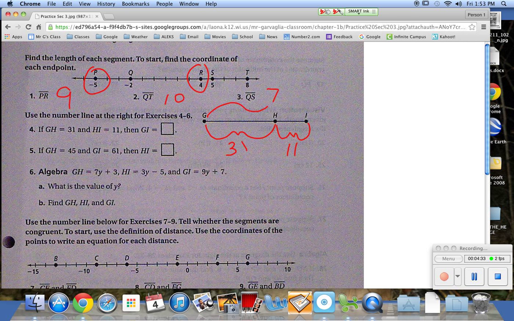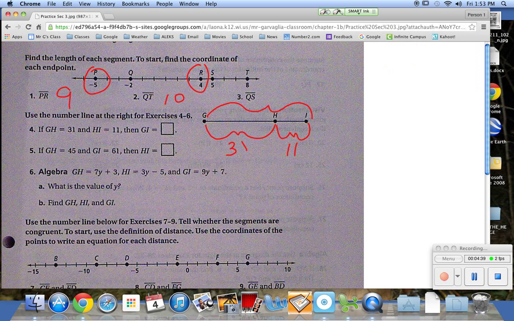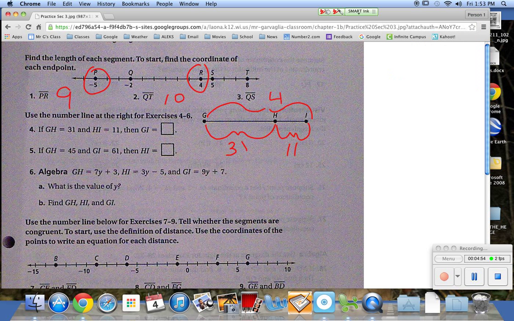How big is that? 42. We can add these together, right? In this case, we're looking for the total length of GI. This portion's 31, this portion's 11. Add them together, it's 42. Okay?